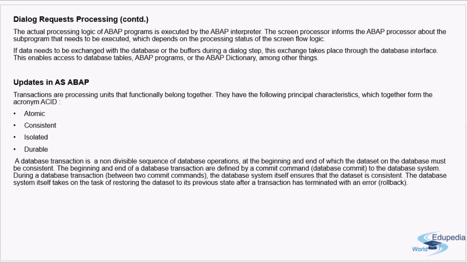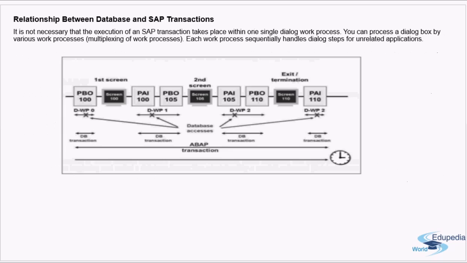Then we have seen the ACID principle: atomic, consistent, isolated, and durable. A database transaction should satisfy these four characteristics or principles. Then we have seen the relationship between database and SAP transactions: an ABAP transaction has n number of dialog steps, and each dialog step corresponds to a database transaction at the database level.